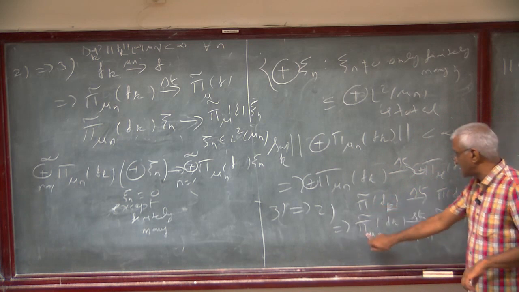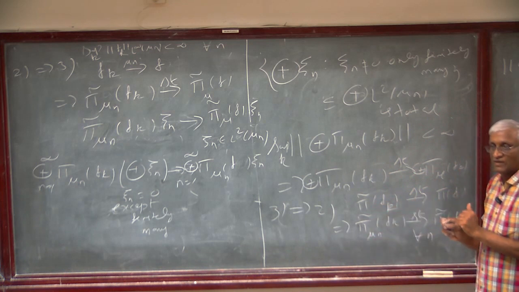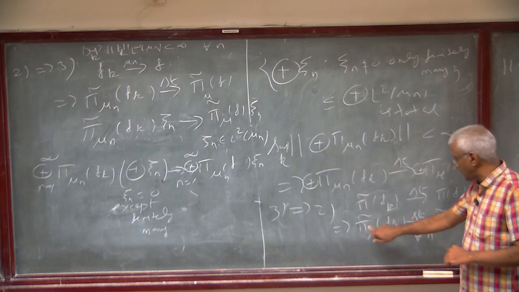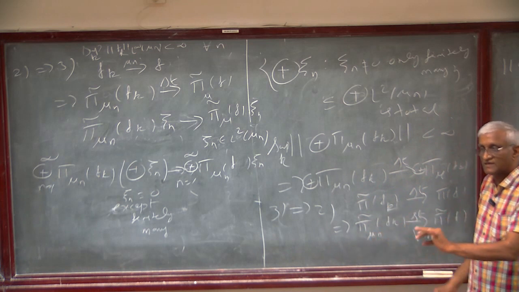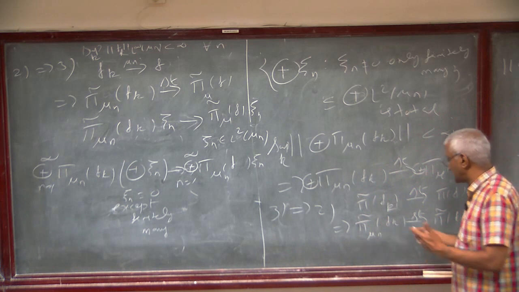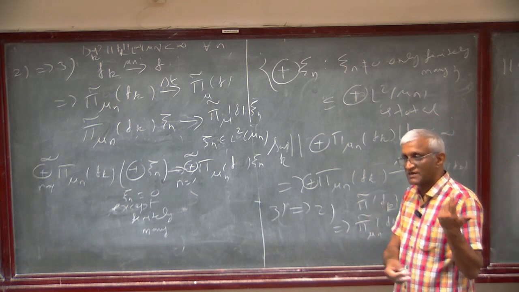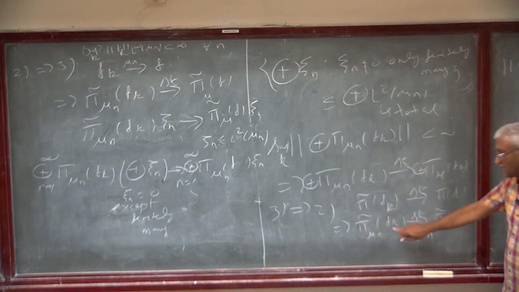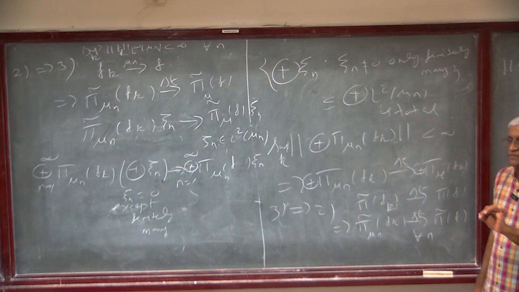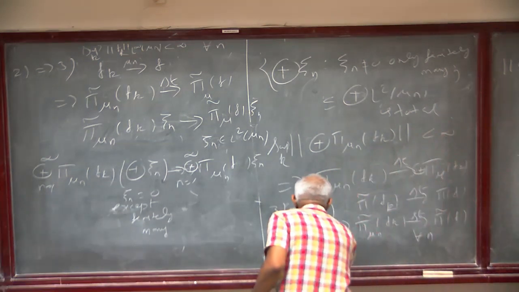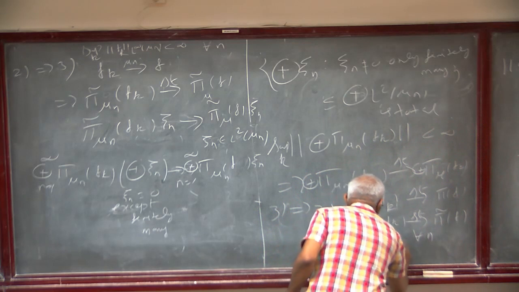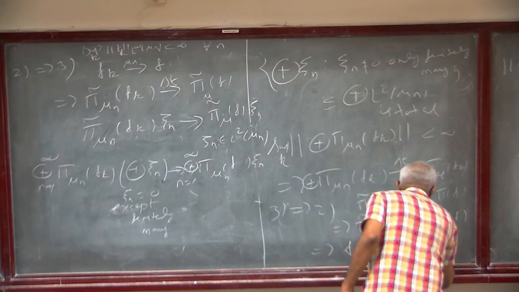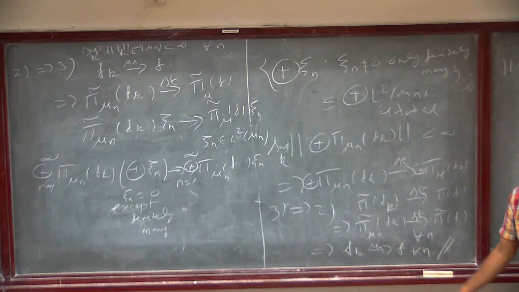Pi delta and the direct sum of these are defined by the unitary. The operators converging strongly also converge weakly. But we have already proved the equivalence to convergence in measure. What we proved is the multiplication representation, right? So this implies fk converges to f in mu n.